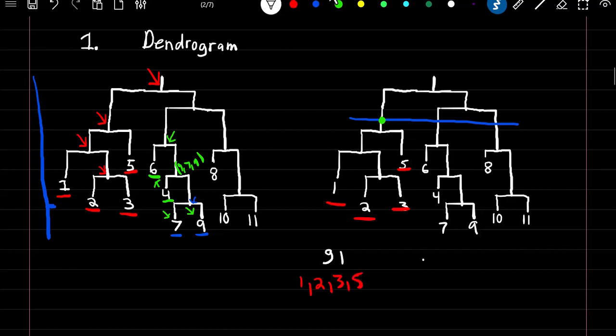For group 2, it would be all observations that already fused below this branch. So we'd have observations 6, 4, 7, and 9. And then finally, for group 3, it would be all the observations that fuse below this branch. So we'd have 8, 10, and 11.